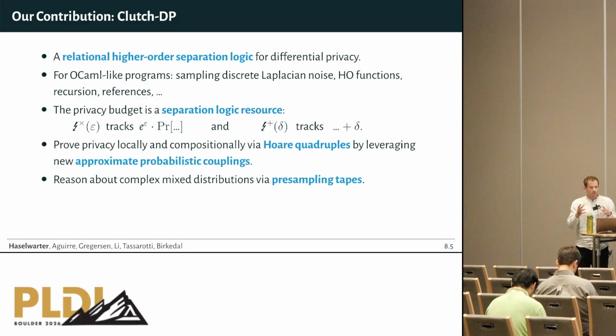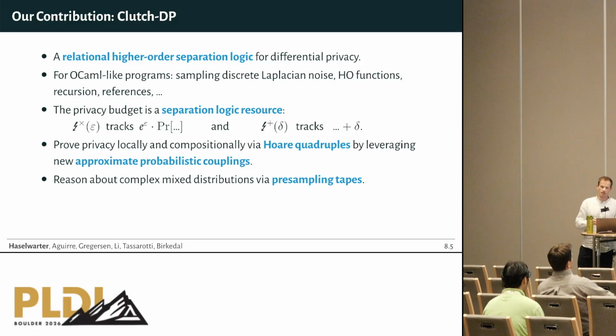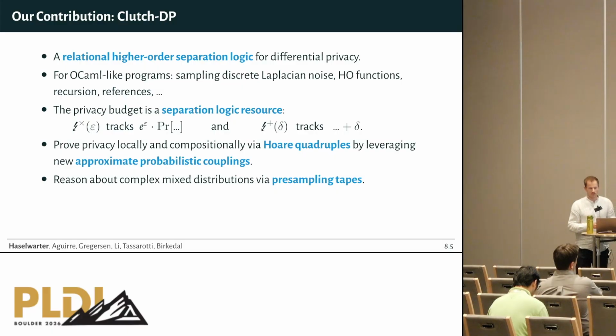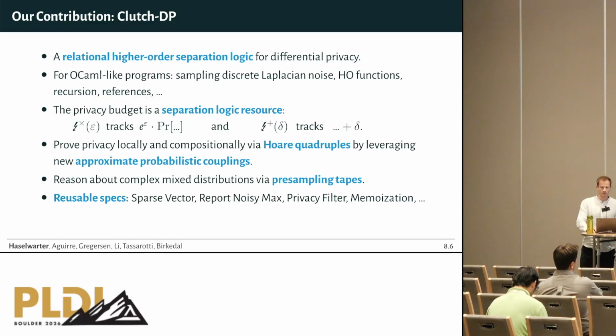We also support reasoning about complex mixed distributions via pre-sampling tapes. That was also something that was mentioned in the previous talk, that something like the noisy max mechanism can be difficult to reason about, and that's exactly one of the applications that we use these tapes for.